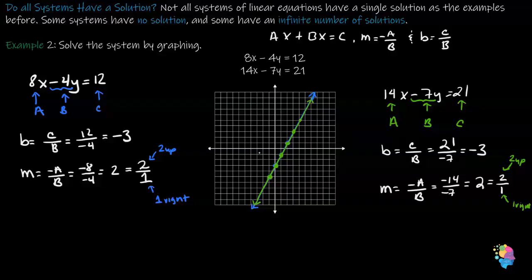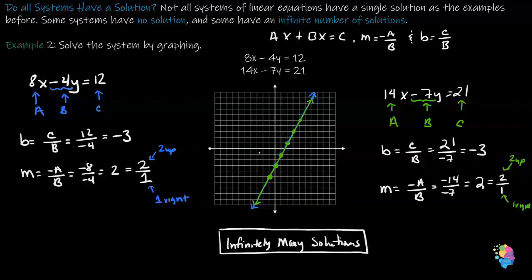If I select this point down here, it's also on the blue and the green. That means that this system will have infinitely many solutions. Let's write that. Infinitely many solutions.